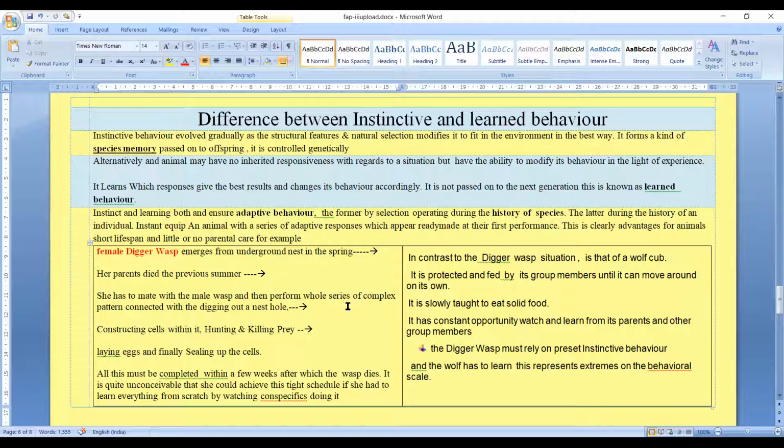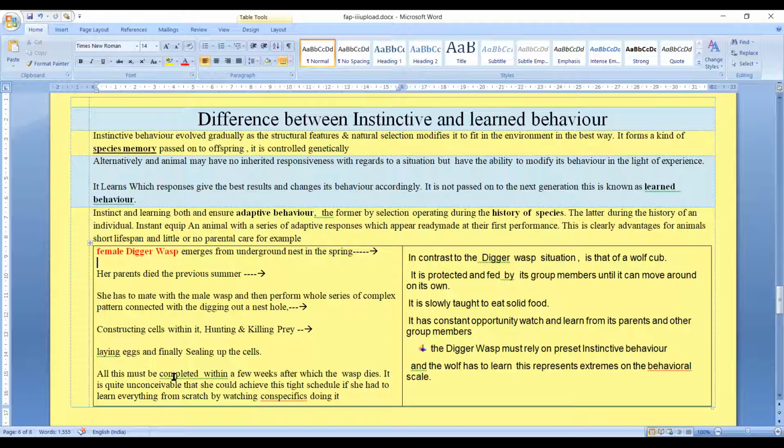Then she has to hunt and kill prey to keep as a food source in the nest hole. And finally, laying eggs and sealing up the cell. See, all these actions are performed by the female digger wasp without ever seeing this series of actions.